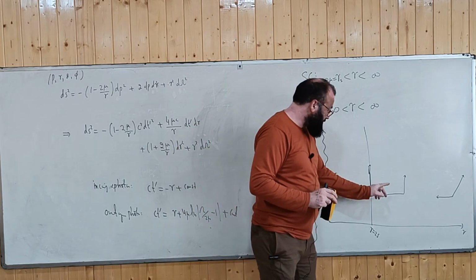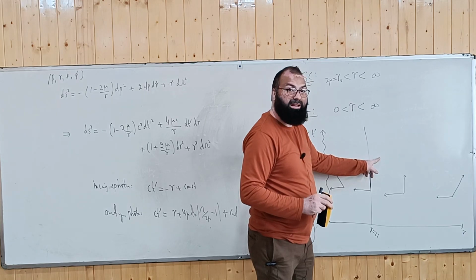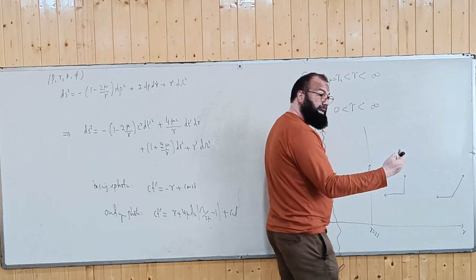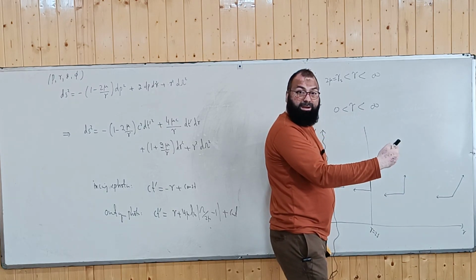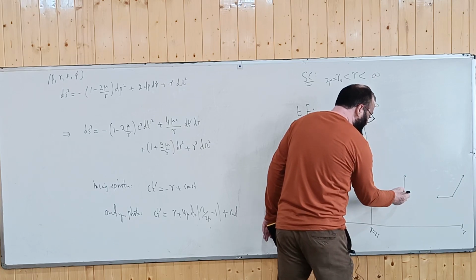Now tell me, what should be the line for a massive particle? It should be like this. Let's draw it for an ingoing particle. A particle is moving, so it will be a continuous line.